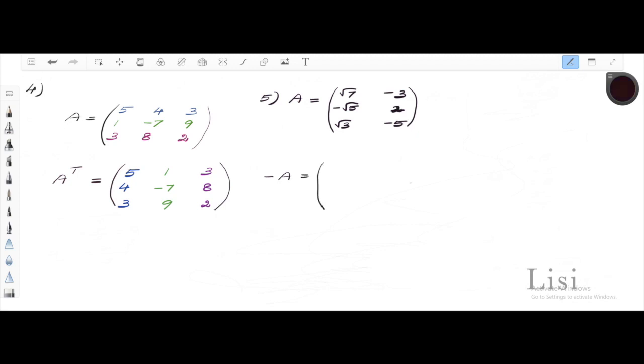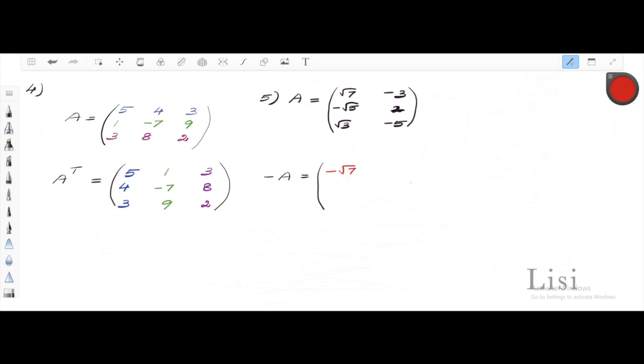So I will use the colors here. Since you have to write the transpose of minus A, I'll take the colors and help you to understand. So here for negative matrix, simply change the sign and write. Here you are having root 7, you take minus root 7.